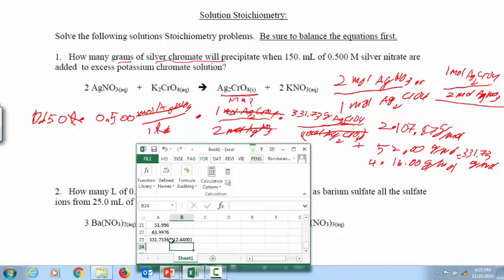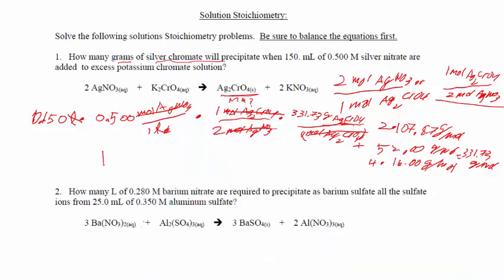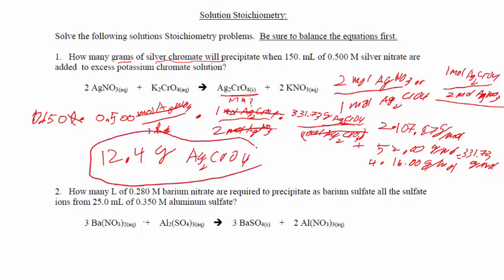Of course, it's only good to 3 sig figs because that's how I know the volume and molarity of my solution, so it's 12.4 grams. So my answer is 12.4 grams Ag2CrO4.